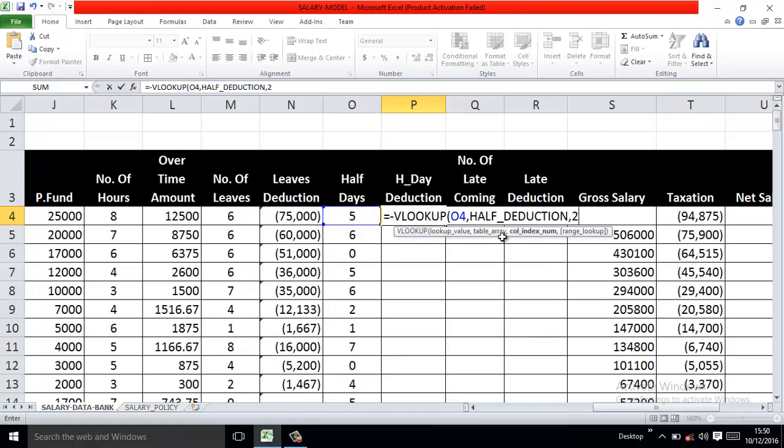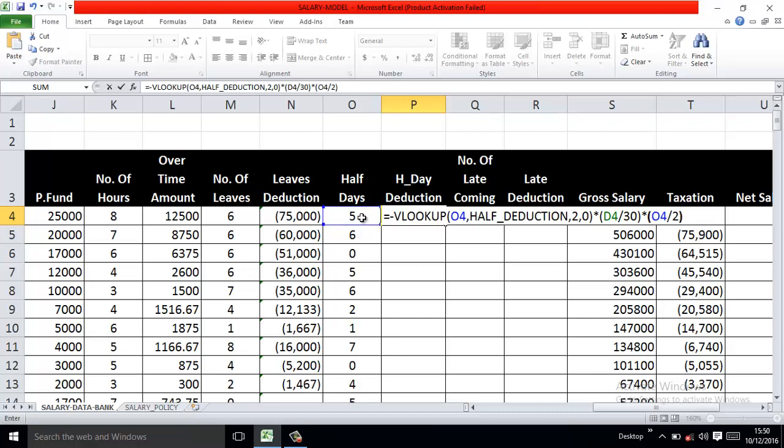From there we are calling again the half day deduction which gives us the rate, and then I multiply this with the D4, that's the basic salary divided by 30 for a day, and then I multiply this with half day divided by 2.